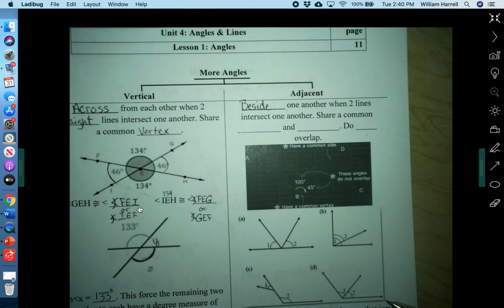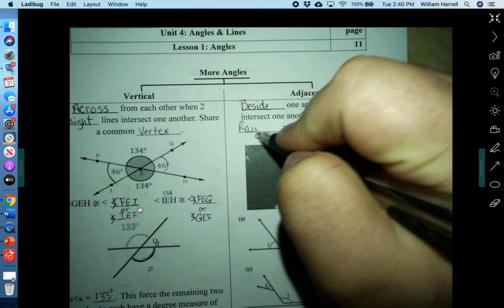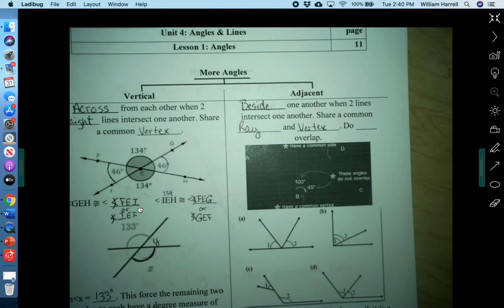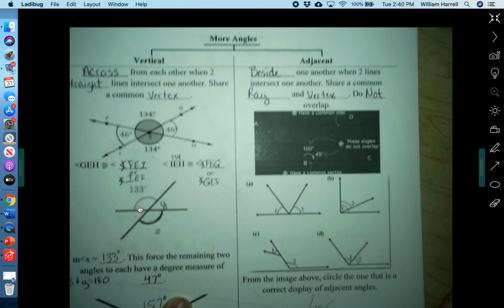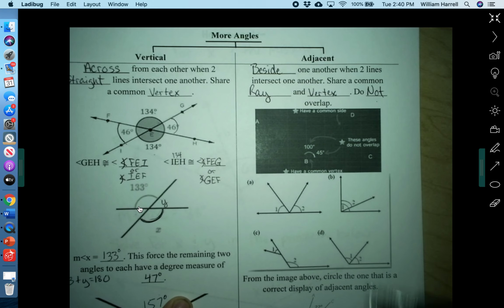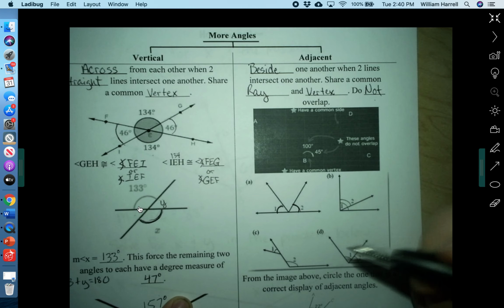Okay, when two lines intersect one another, again, they share a common ray and a vertex. They, however, do not overlap. So this ABCD is going to be a visual. Angle 1 and angle 2. What do they have in common?